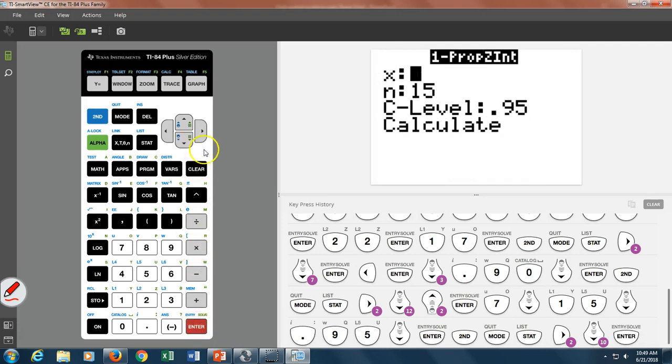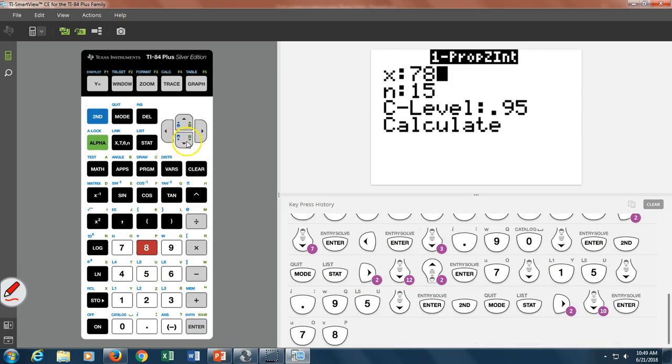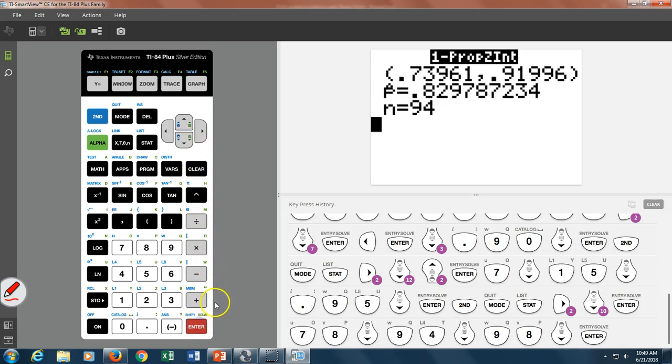So X we determined to be 78, and we knew it was out of 94 randomly selected cars. I asked for a 98% confidence interval this time, and go and calculate that. So the confidence interval is approximately 74% to about 92% of the cars have a CD player.